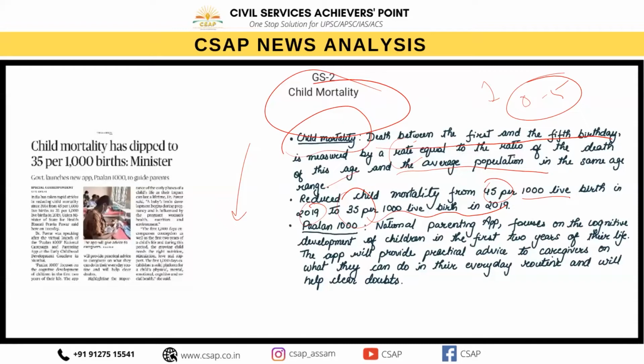Because if the mother is not well developed, not nutritionally able, then how can she produce a child who is healthier? So therefore, ignorance of the nutritional needs of the mother as well as the infants and young children, and repeated infections, can also aggravate child mortality.